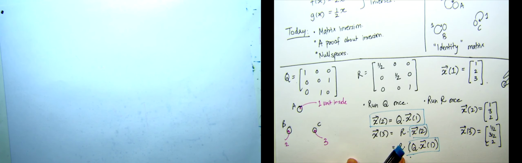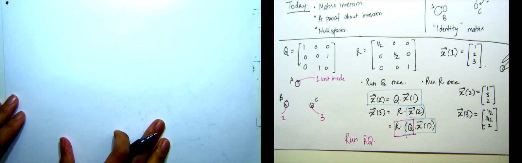It's important because I often see a lot of students who get tripped up between, is it Q times R or R times Q? Which is acting first, right? The first pump that acts is the one that is closest to the vector. Then the second one acts afterwards. Is everyone clear on that?